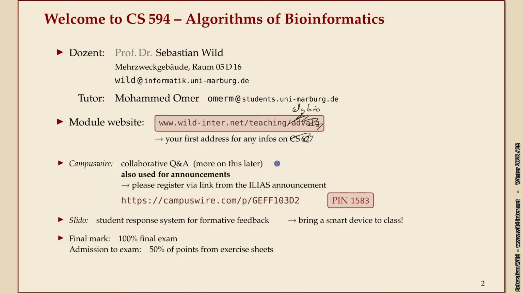And we'll use this tool CampusWire for that, where you can join. You need this 4-digit PIN to join. Otherwise, the link is just public, but you also have the link and the PIN on Elias, so you don't need to remember it now. You've already seen Slido. I'll come back to that.